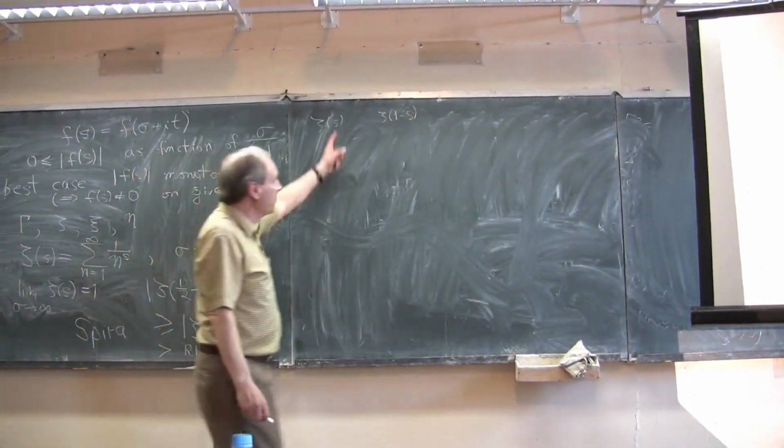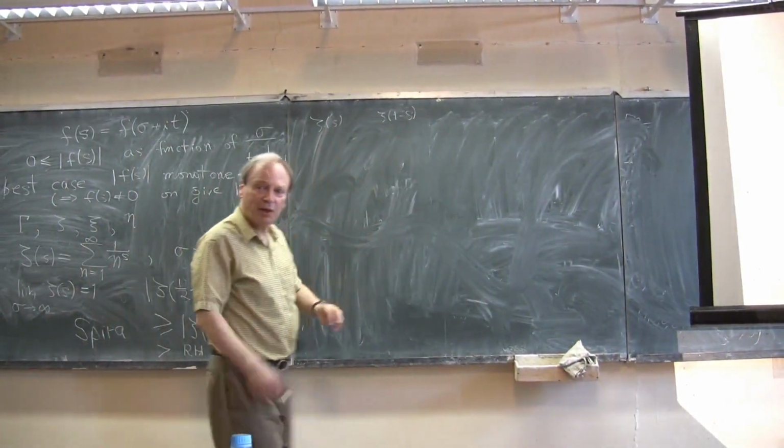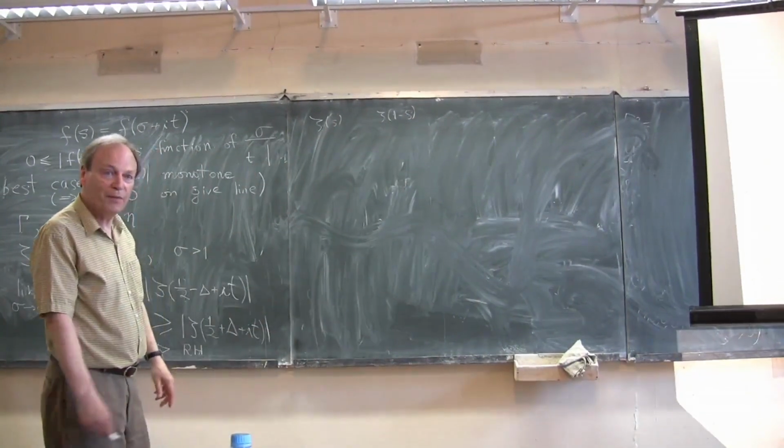In particular, if one of these is 0, the other will be 0 by the functional equation.